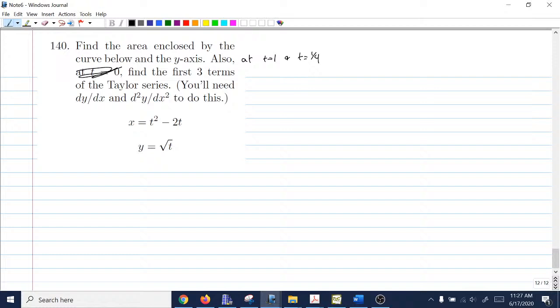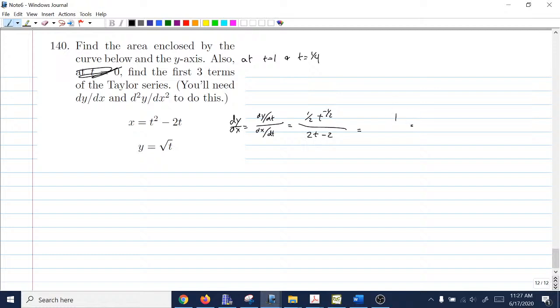We need dy dx, we need d squared y dx squared. dy dx is the derivative with respect to t over the derivative of x with respect to t. dy dt is 1/2 t to the negative 1/2. dx dt is 2t minus 2.